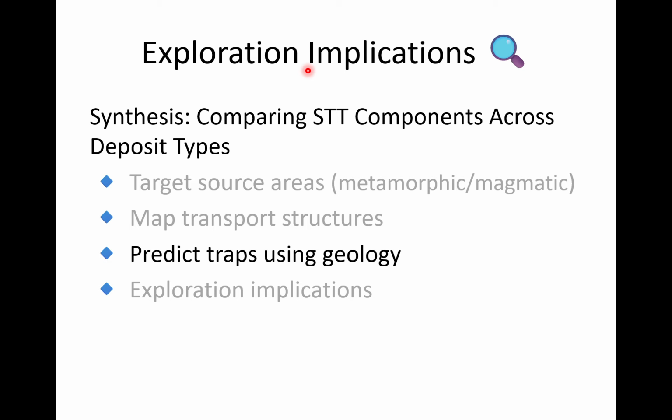Chemical traps also differ. Orogenic gold commonly involves sulfidation of iron-rich host rocks: banded iron formation, ultramafics, basalts. This explains why many orogenic deposits are in or adjacent to iron-rich units. We saw this at Hemlo, with arsenopyrite replacing iron-rich schists.